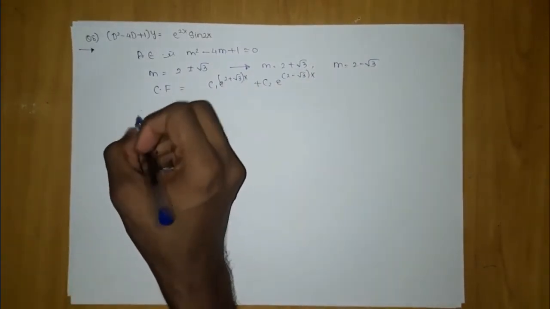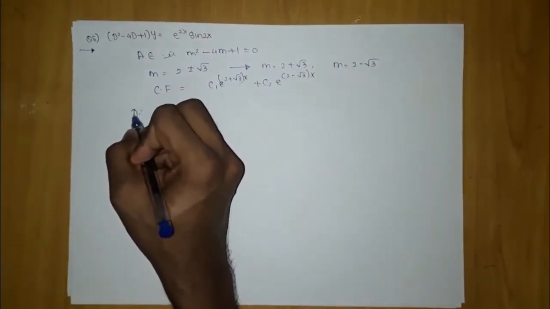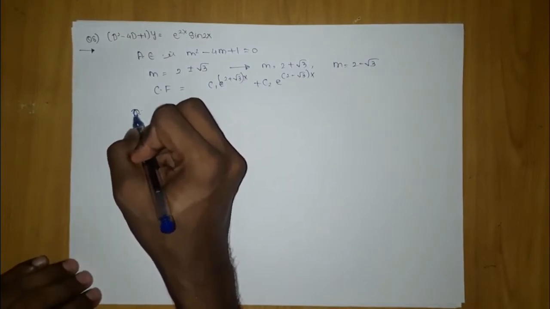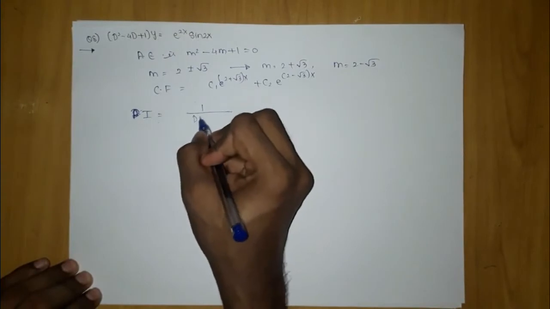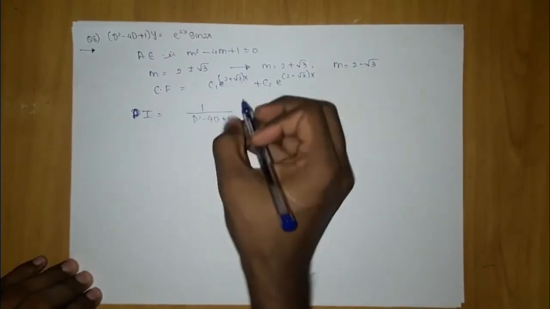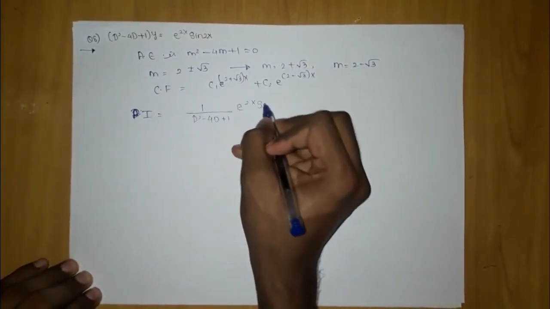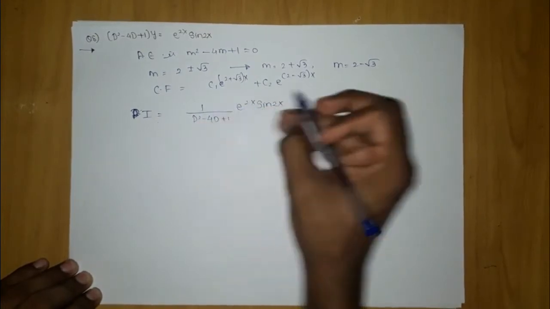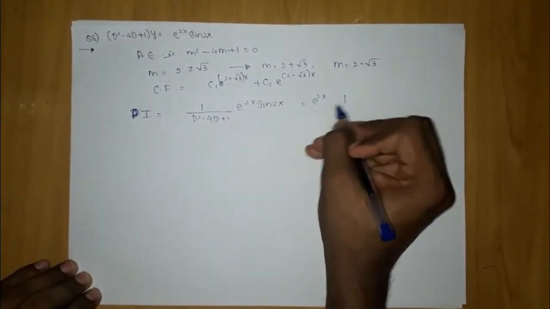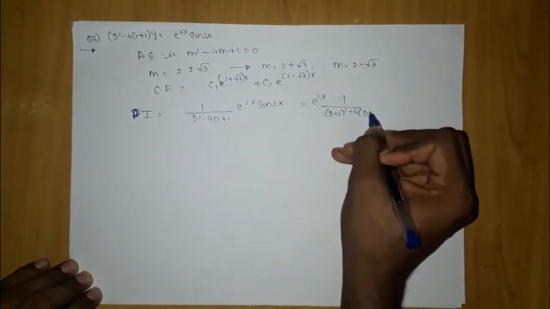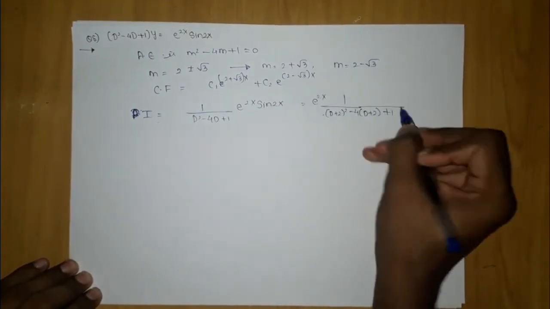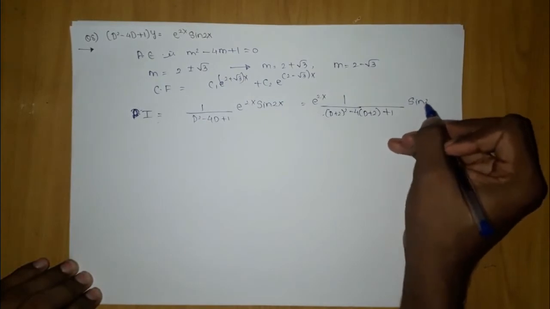After getting this, the particular integral will be 1 by D square minus 4D plus 1 into e to the power 2x sine 2x. If we shift this e to the power 2x out front, we get e to the power 2x times 1 by (D plus 2) the whole square minus 4(D plus 2) plus 1 into sine 2x.